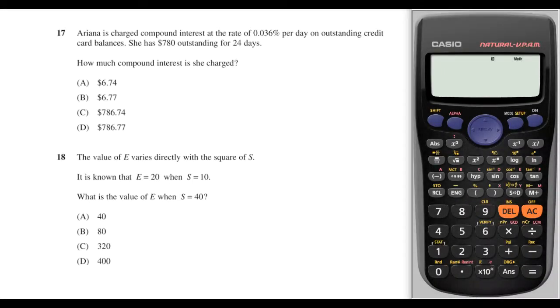Question 17. Ariana's interest can be calculated using the compound interest formula. A is equal to the principal, 780, multiplied by 1 plus the interest rate as a decimal, 0.00036, to the power of 24 for the 24 compounds.